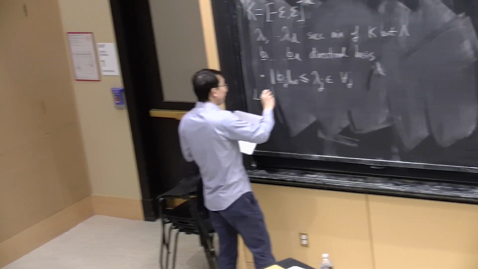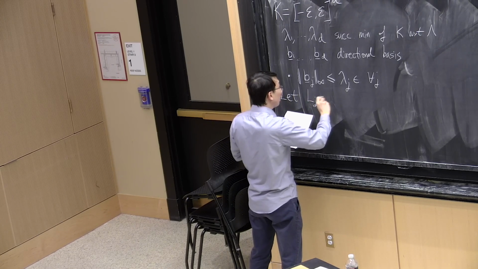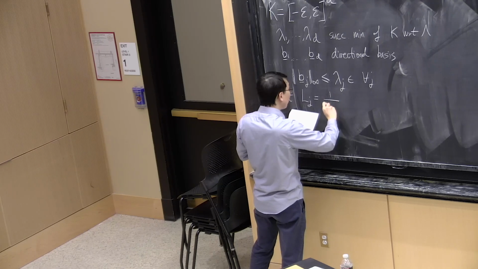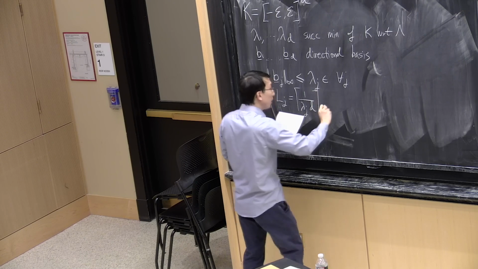Okay. So now let me denote uppercase L sub j to be 1 over lambda_j d, rounded up.